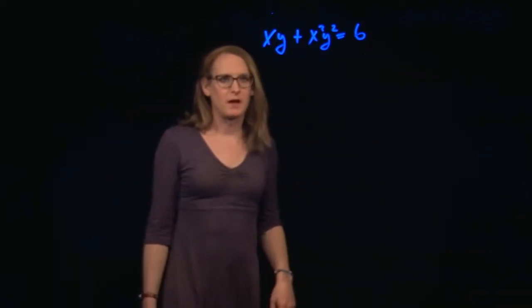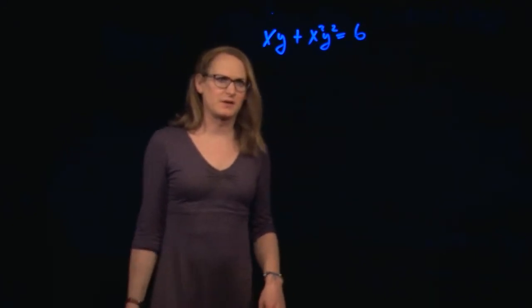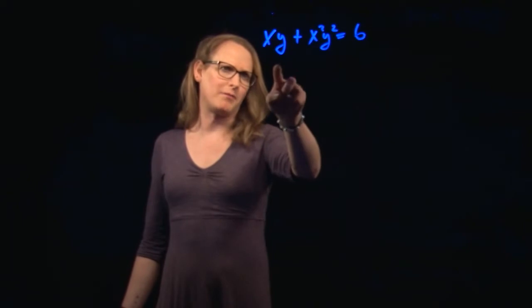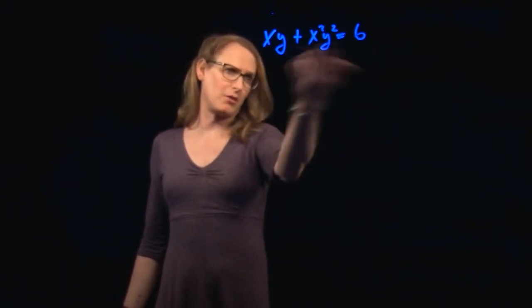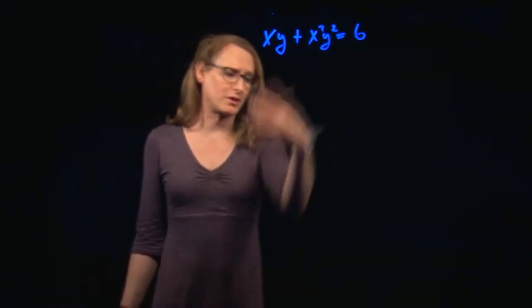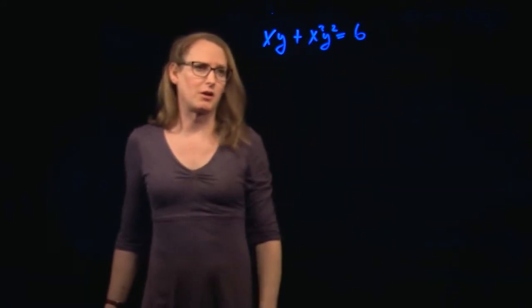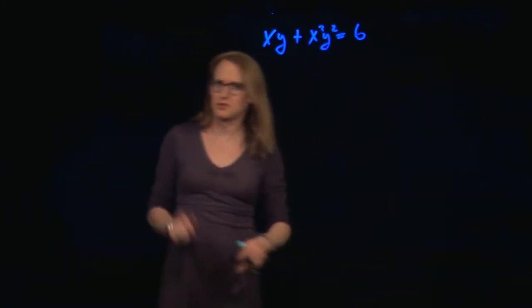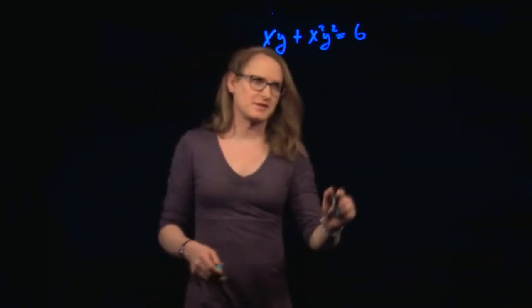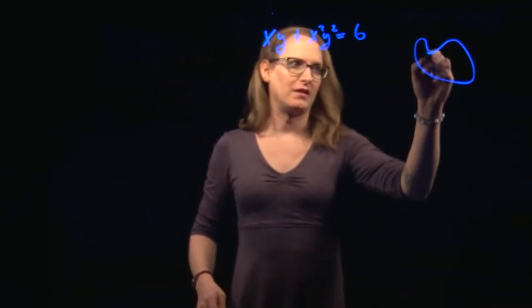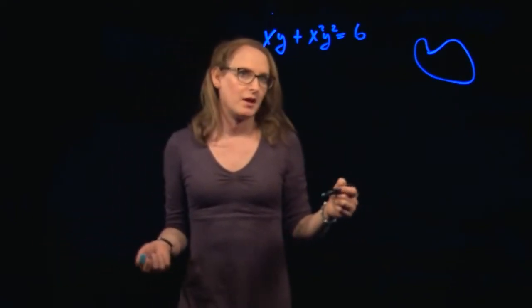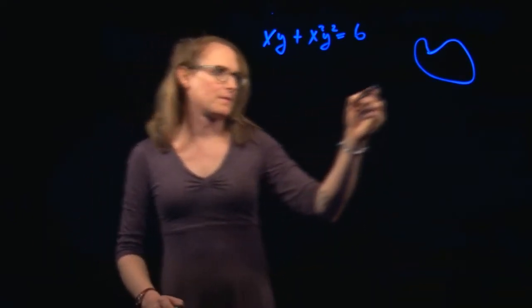And if x is 0, then we'd have 0 equals 6, which is nonsense. So there is no y if x is 0. So there's some set of points that satisfy this constraint that emit some curve in space. This is not the curve for this particular example, but imagine that it is.